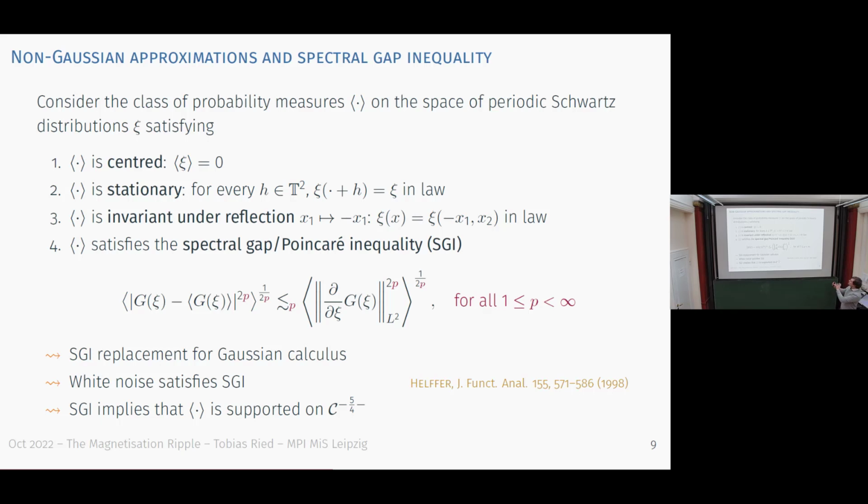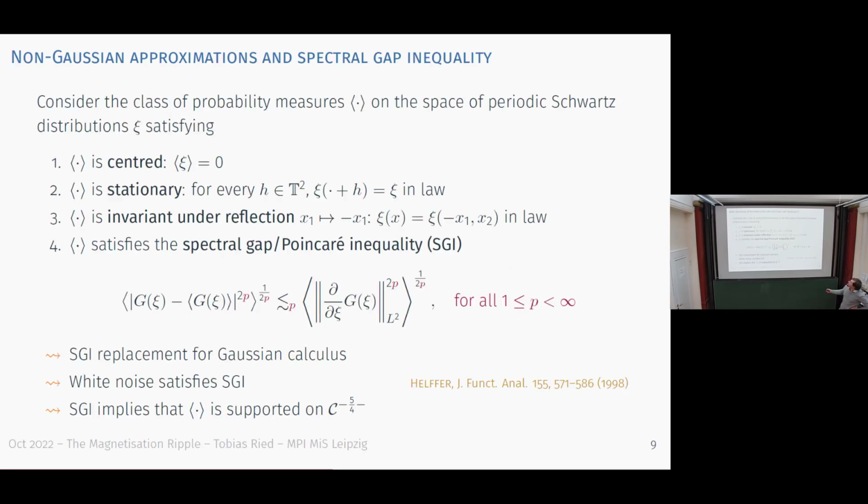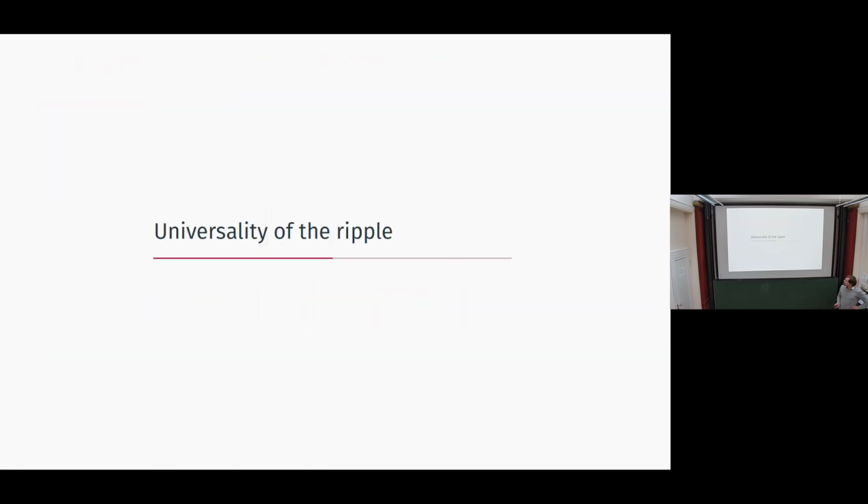So that's the sort of models I have in mind, and now we really want to study the universality of the ripple, so that the ripple phenomenon actually doesn't depend on what precise representative of noise in this class I take.